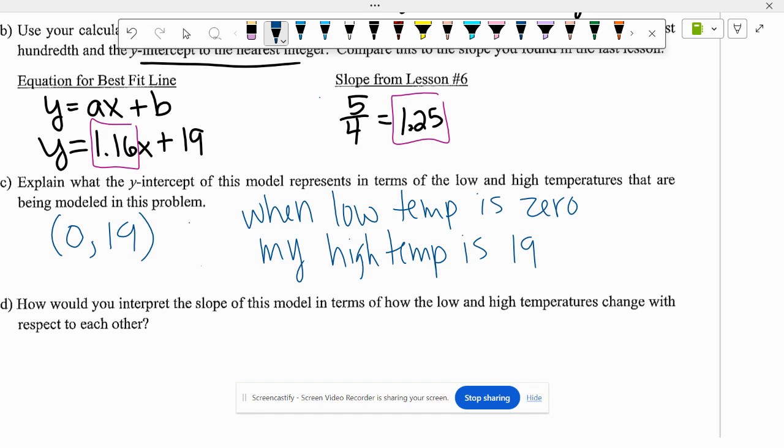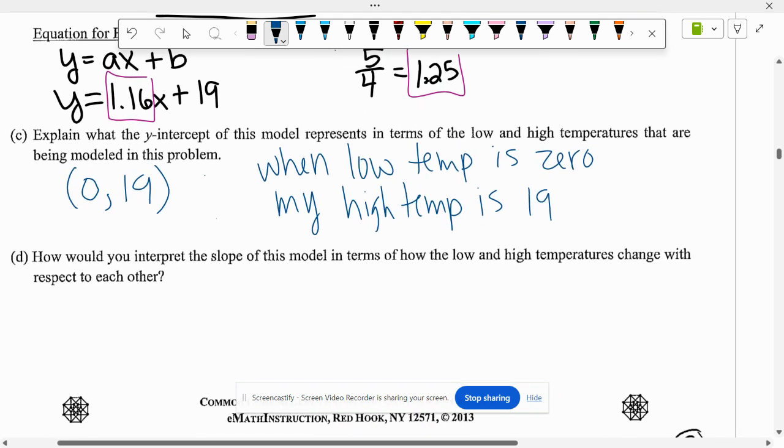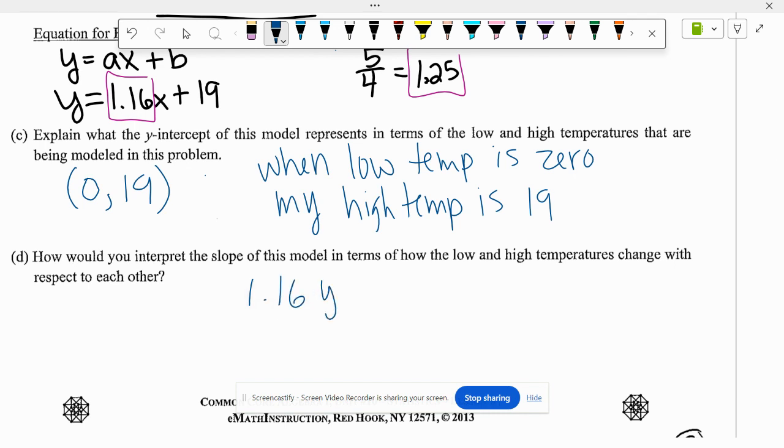How would you interpret the slope of this model in terms of how the low and the high temperatures change? Well, remember our slope, 1.16. That's your change in y over your change in x, which is 1.